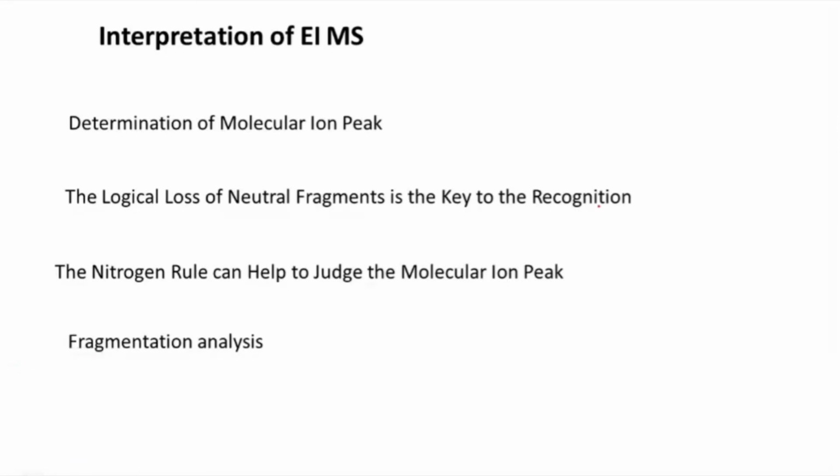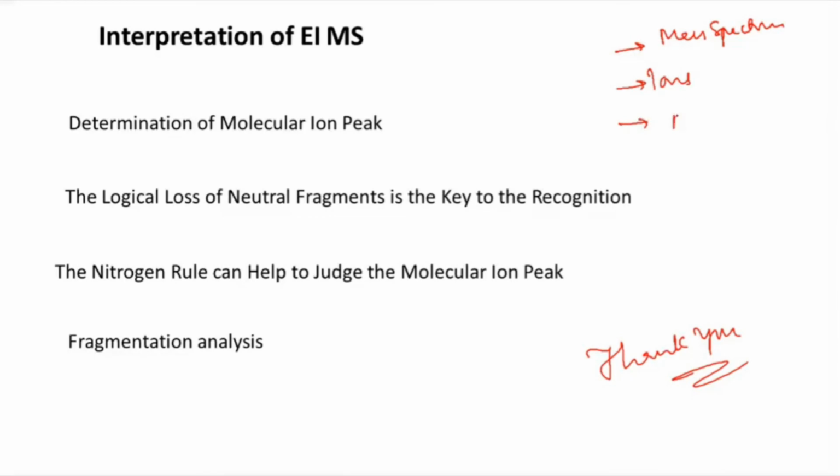So friends, with this I conclude today's lecture. Today we have seen what a mass spectrum is, what types of ions are observed in a mass spectrum, and the information that we get from mass spec.